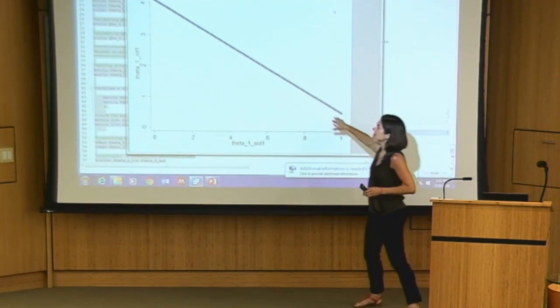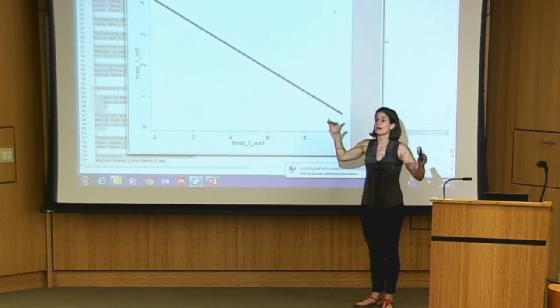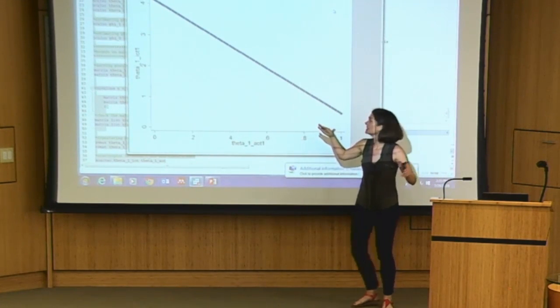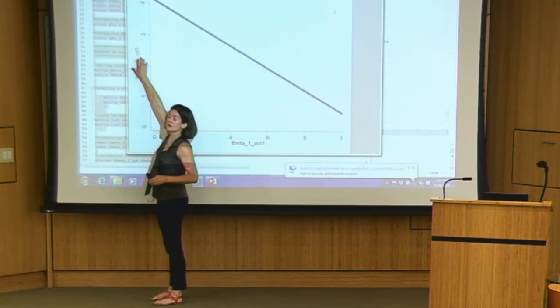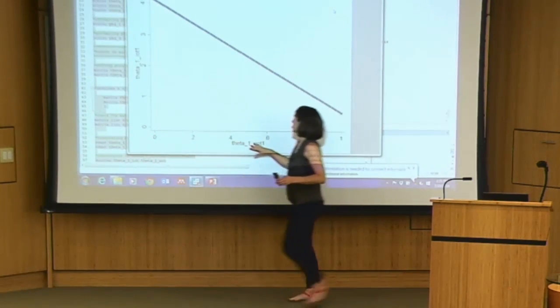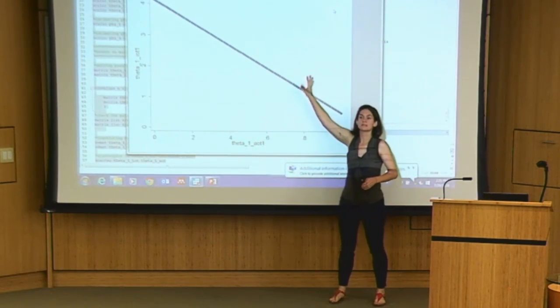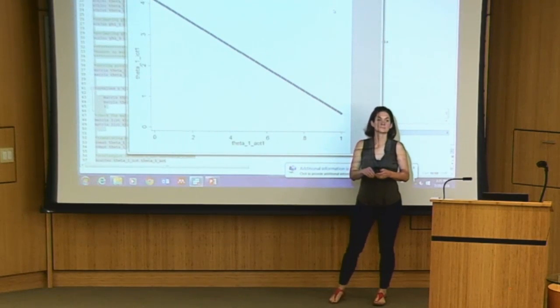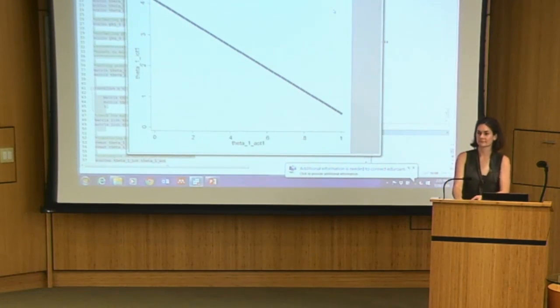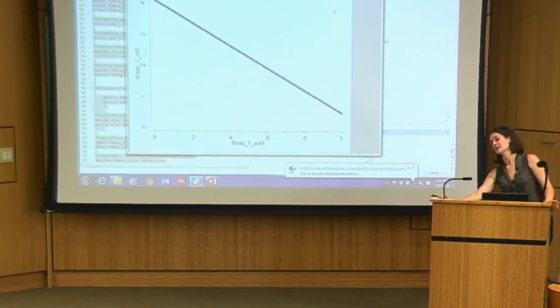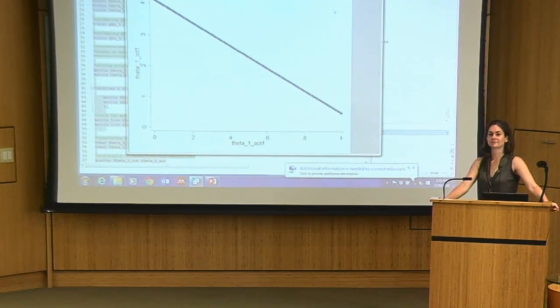This plot is going to tell you about the trade-off in the possible values between theta 1 IOT and theta 1 AOT. So what do you see when you look at this plot? Besides a straight line, what do you observe?